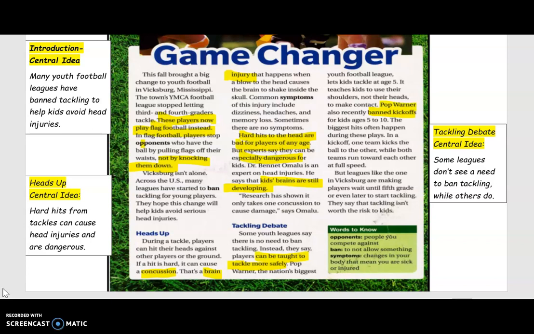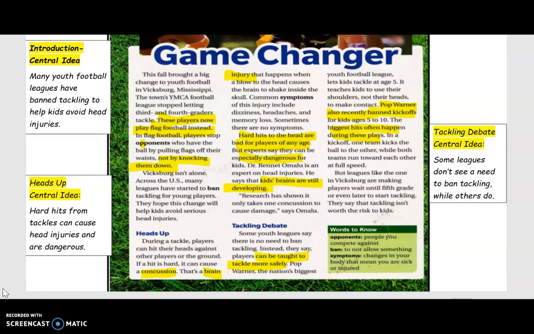It says Pop Warner also recently banned kickoffs because the biggest hits happen during those plays. So that would support the idea that they don't see a need to ban tackling. They're just going to ban the kickoffs.